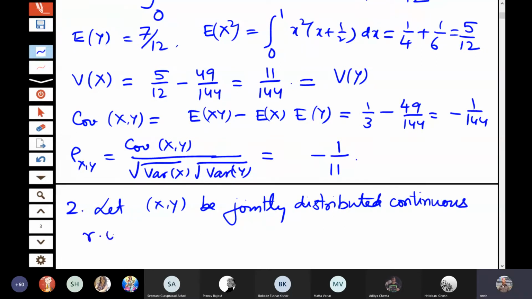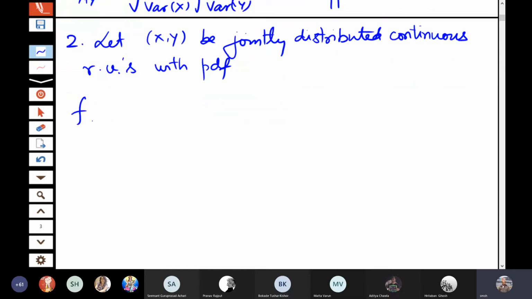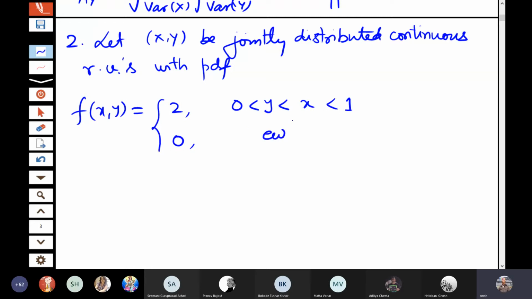Let x and y be jointly distributed continuous random variables with PDF given by, say, 2 for 0 less than y less than x less than 1, and it is 0 elsewhere, okay?